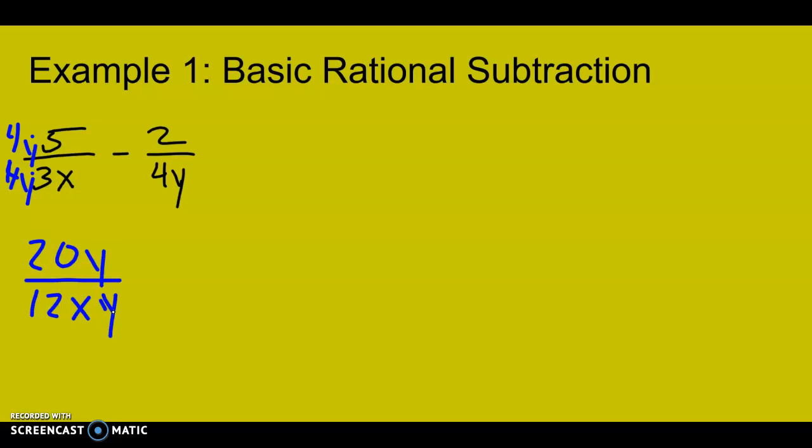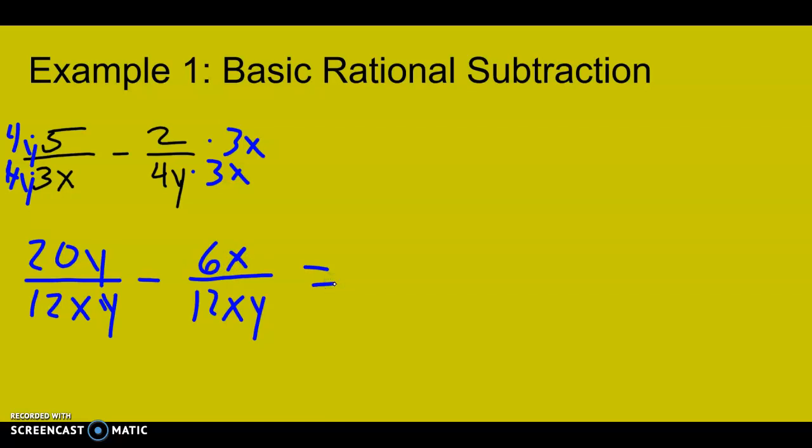You can multiply the 4 and the 3, but the x and the y can't go together. On the right side, I need to multiply by 3x, because that's going to give a common denominator of 12xy, which is our goal to make the bottoms the same. But we have to do the same thing on the top, so that we make sure we're multiplying by 1, and you end up with 6x on top.